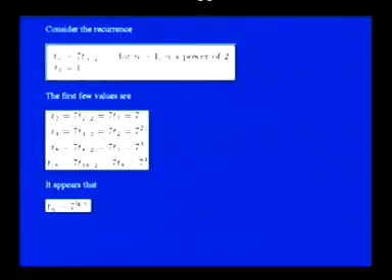Let us take this particular case: T(n) equals 7 into T(n by 2) for n greater than 1, where n is a power of 2, and the initial condition T(1) equals 1. This is the recurrence equation of a very famous algorithm called Strassen's matrix multiplication algorithm.